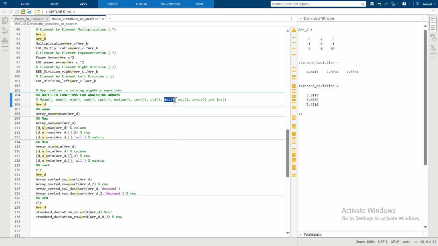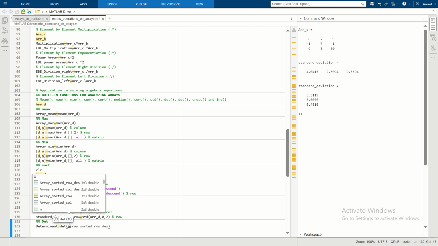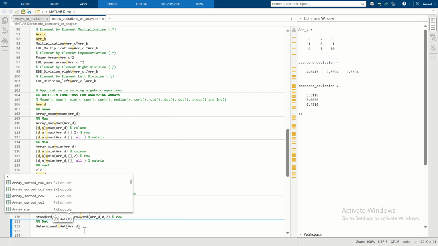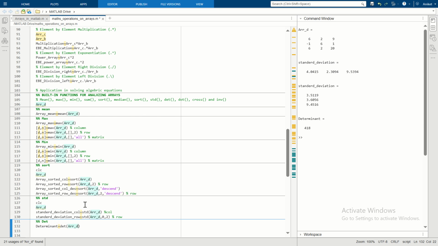Then determinant of the vector is equal to det of ARRD. Is it working? Yeah, determinant is given directly.